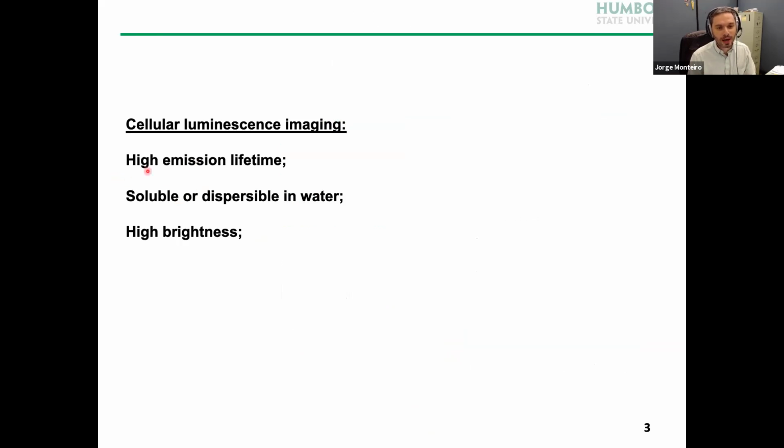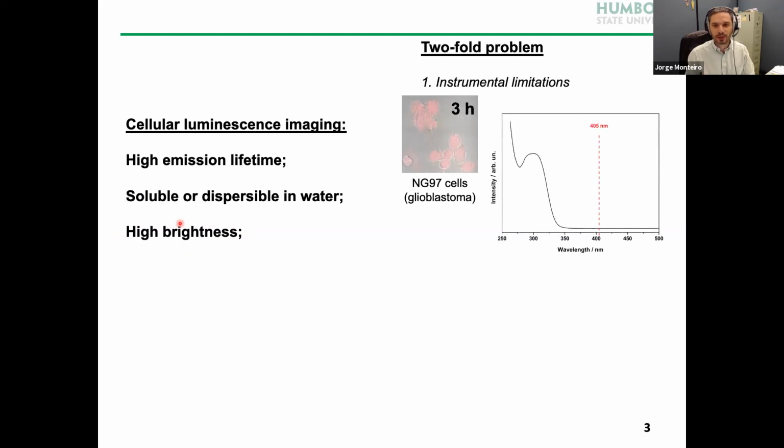High emission lifetime is desirable, okay, in the microsecond, millisecond, or second range. Of course, it needs to be soluble or dispersible in water, and ideally have high brightness to give a high quality image. So it looks simple, but it is a twofold problem.